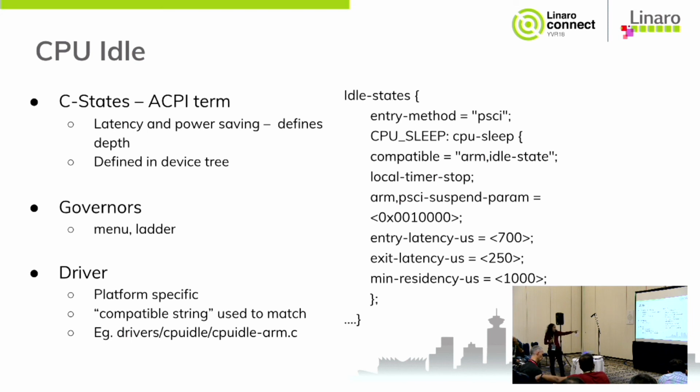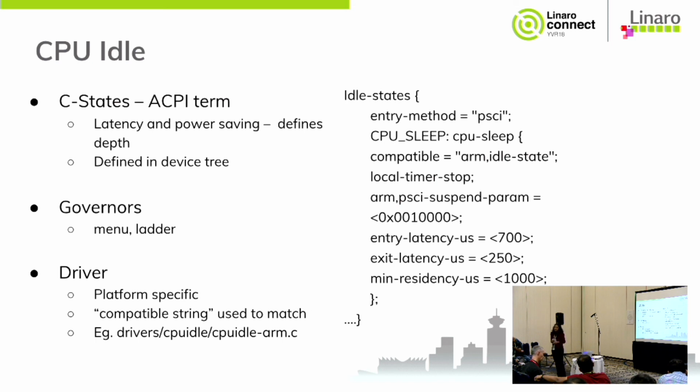So on the left, what you see is an entry from the device tree. I don't remember which platform I pulled it out of, but the main pointers here are the entry latency, exit latency, and minimum residency. The idea is that there is a cost associated with entering and exiting out of any C-state.